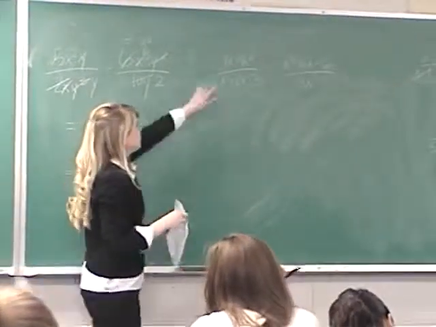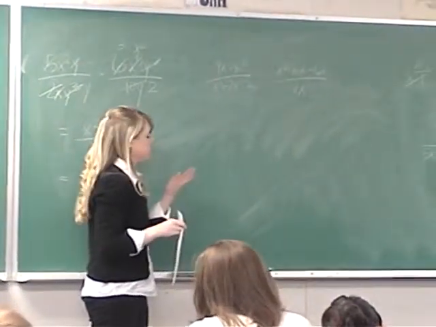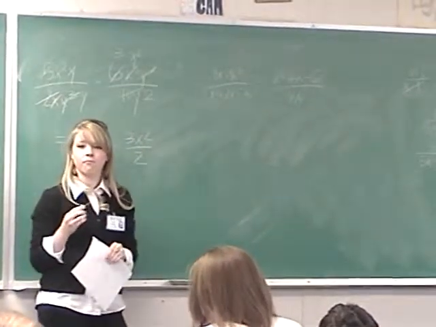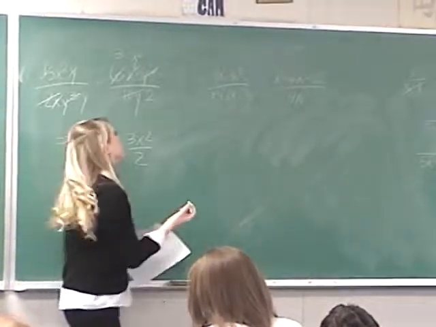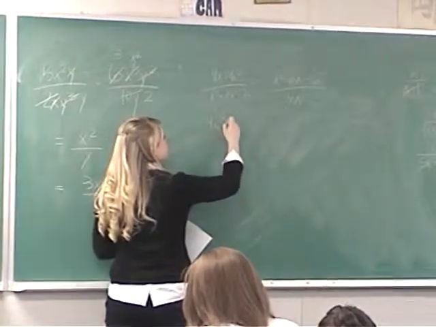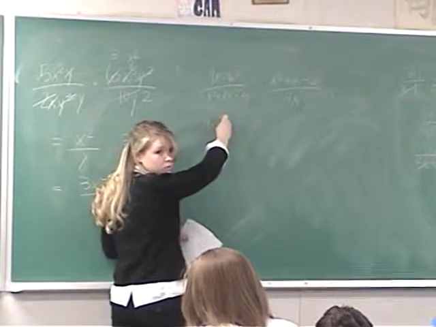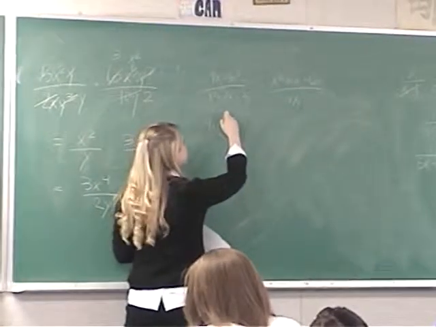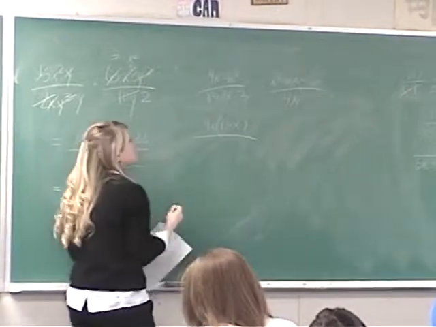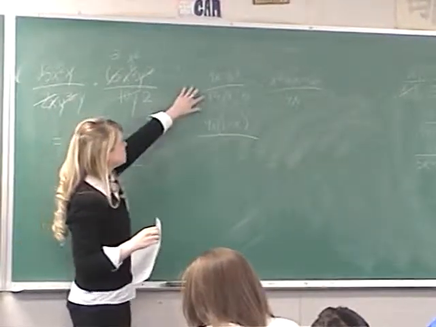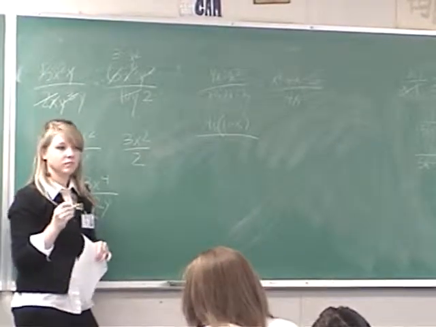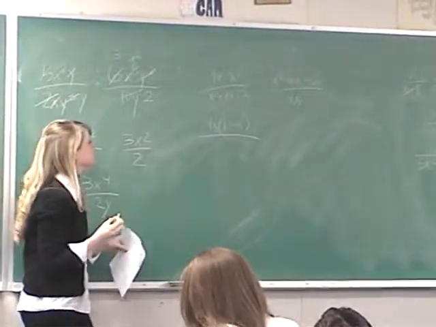So we factor this one. What will we do to this top one to simplify it? This will leave you with... And what about the bottom? When we factor that, what will we do?